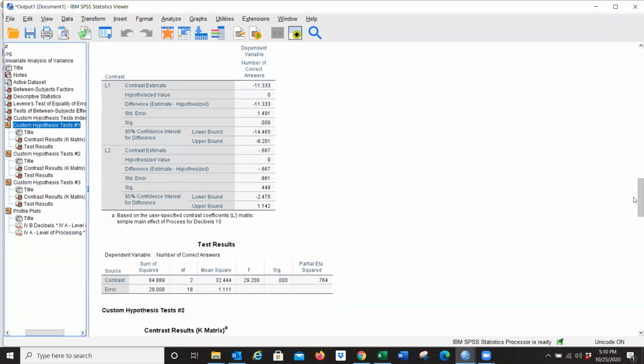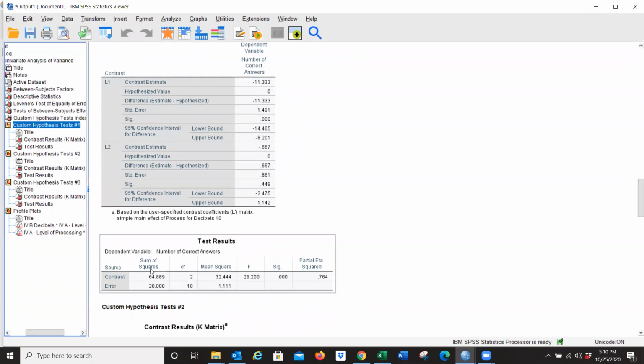However, SPSS flips it. Here, this is 2 degrees of freedom. Here's the simple main effects right here. And it's significant, and you can tell this is fake data because our eta squared is gigantic. And just so you know, this is not 0. This is something less than 0.000. And then here we have our comparisons.